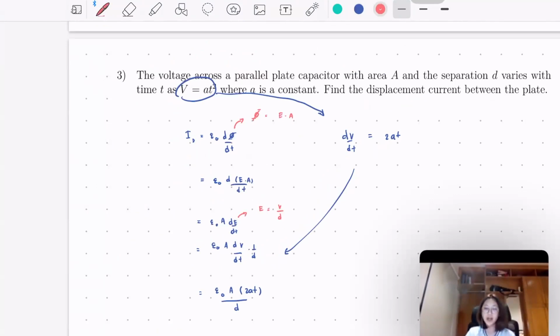So we need to recheck whether there are any variables that we use that are more than the question gives us.